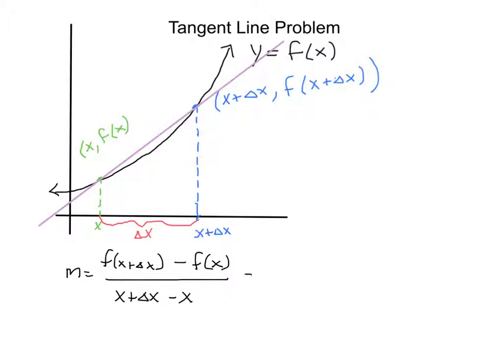And when I combine the like terms, I get f of x plus delta x minus f of x, all over delta x.